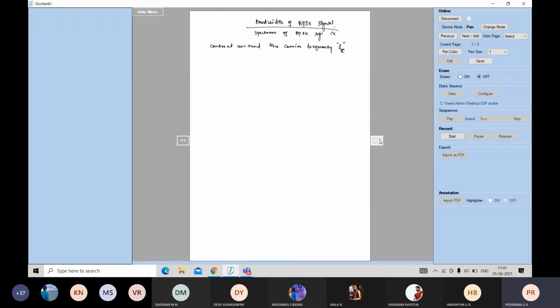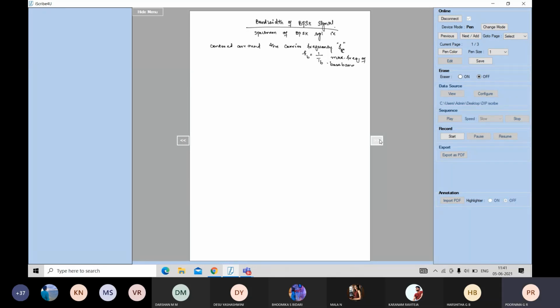Here FB, which is 1 by TB, is the frequency per bit, the maximum frequency of the message signal or baseband signal.